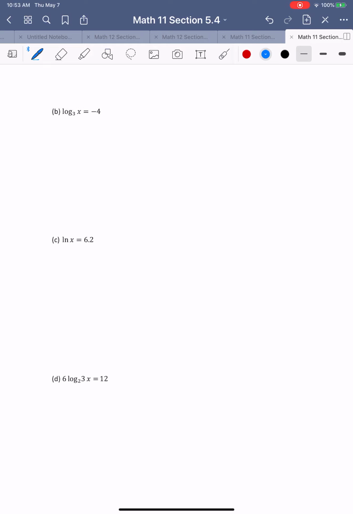Okay, that's easy. And then base 3 to the -4, and this is the same as 1 over 3 to the 4. And this has base e to the 6.2 power, which equals x, approximately 492.7.